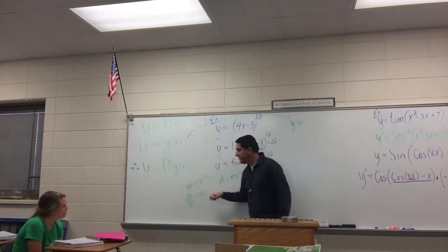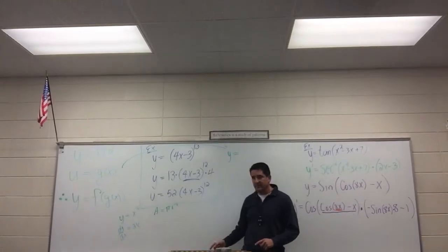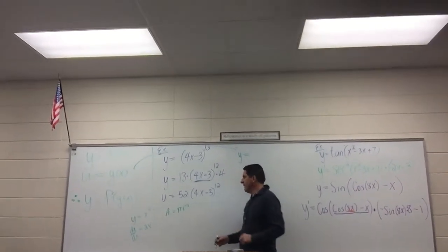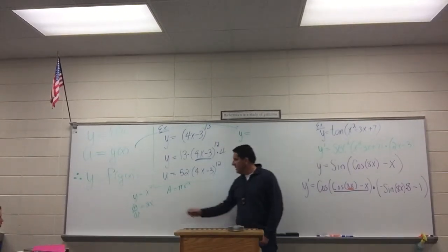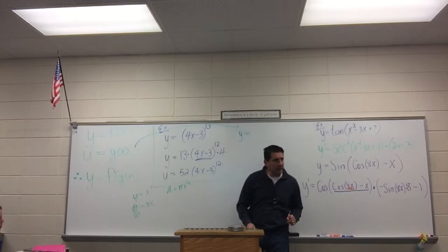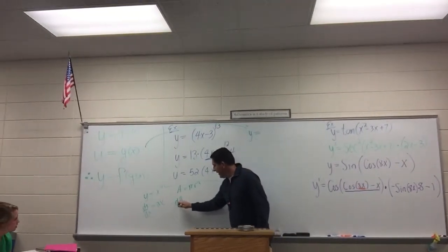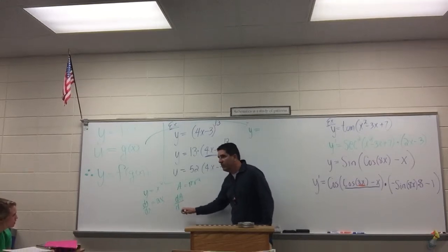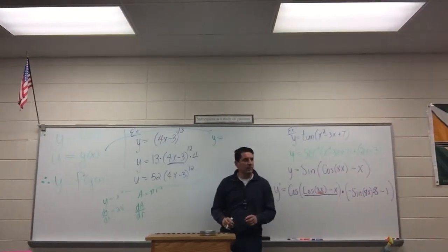And this is equal to 2x. And I say that's the derivative of y with respect to x. Okay? If I give you something like a is equal to pi r squared, then when I say find the derivative, listen carefully, I'm saying find the derivative of a with respect to r. You see, because that's how the variable works.